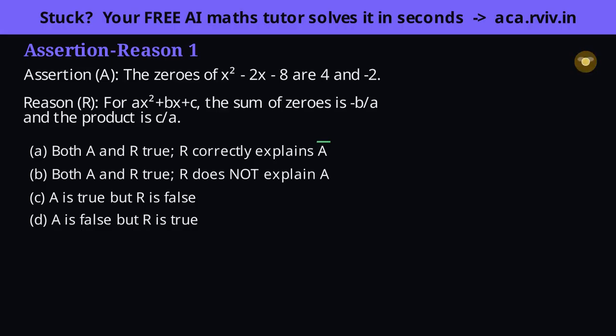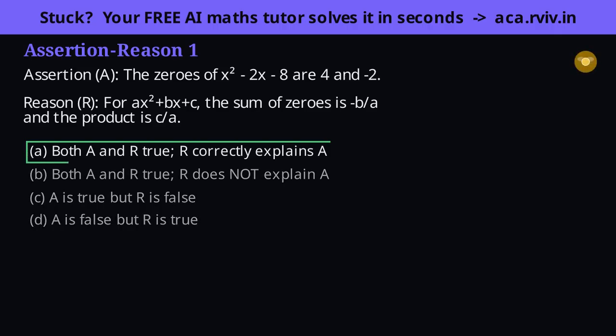Factor x squared minus 2x minus 8 into x minus 4 times x plus 2. So the zeros really are 4 and minus 2. The assertion is true. The reason is a true general law. Now the crucial part, does the reason produce the assertion?